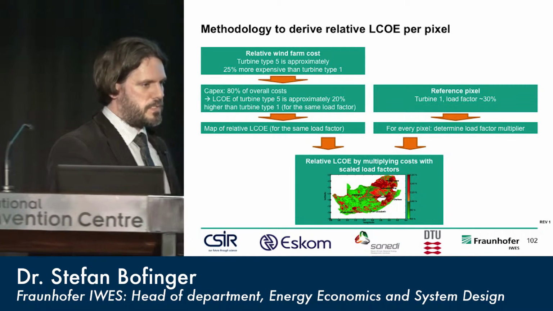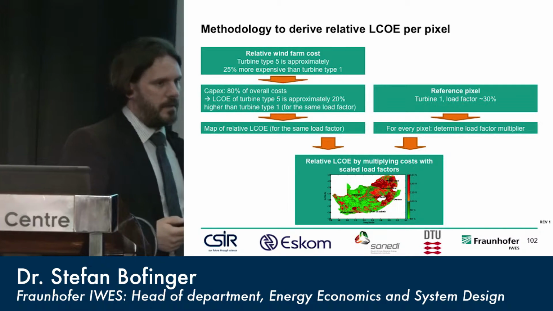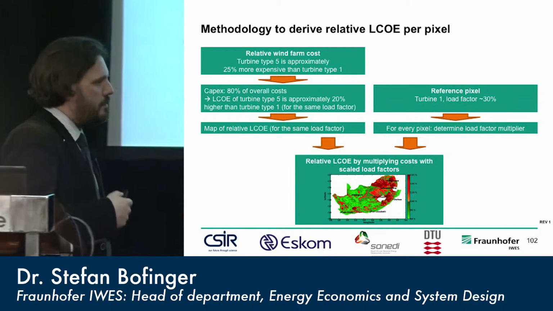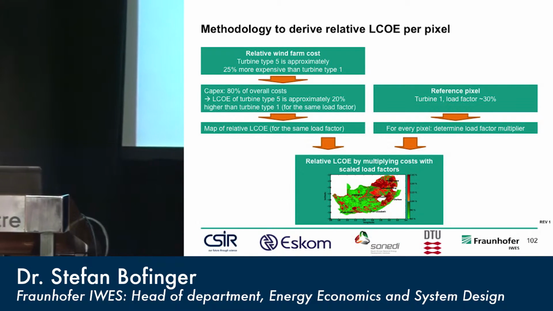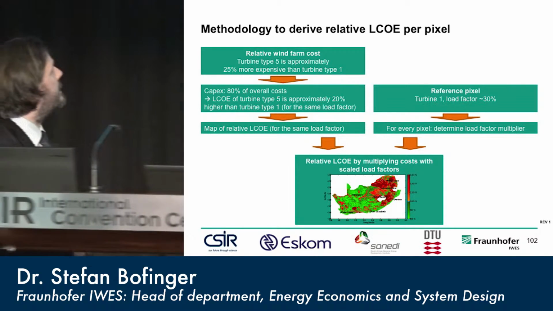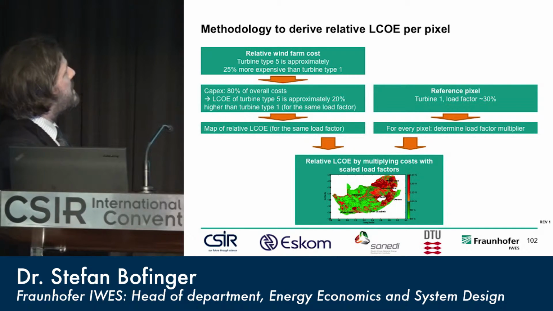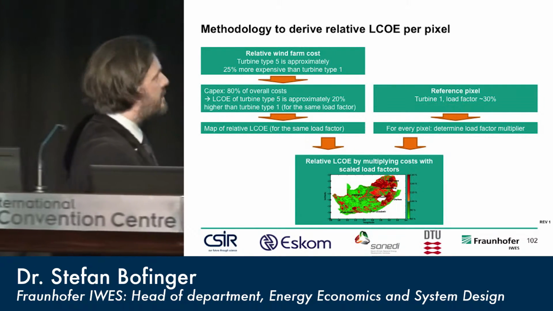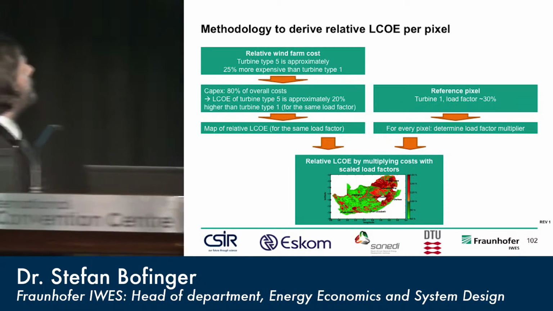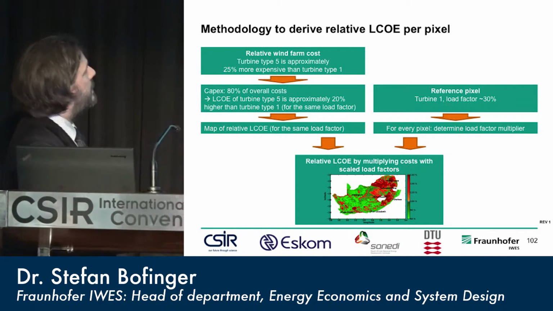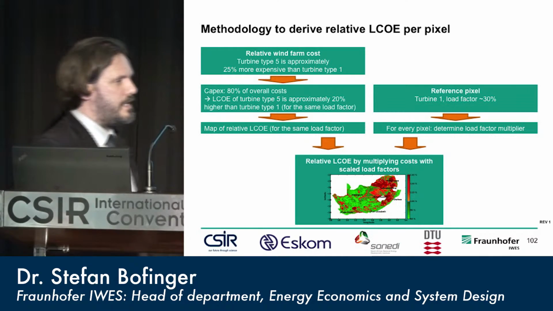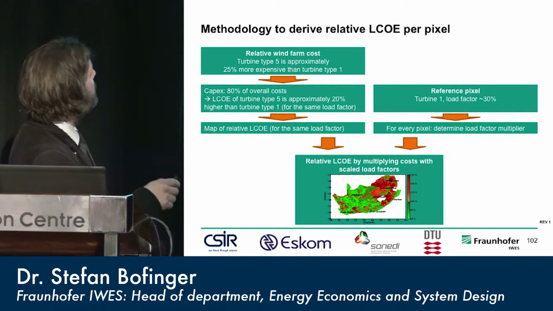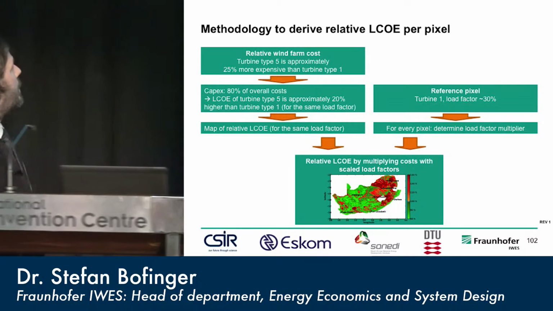So we stated that a turbine for low wind sites is 25% more costly than for good wind sites, but the investment cost is only about 80% of the capex cost. So that means that the turbine 5 will be about 20% more expensive overall than the turbine 1.